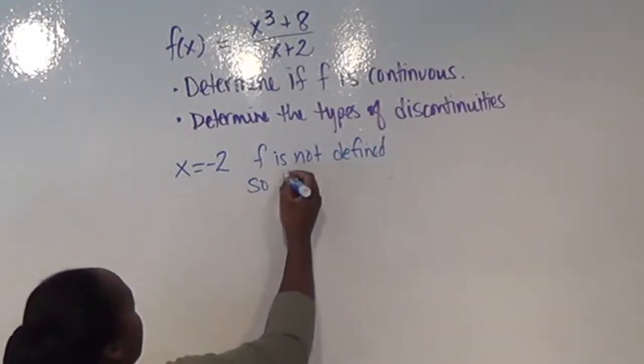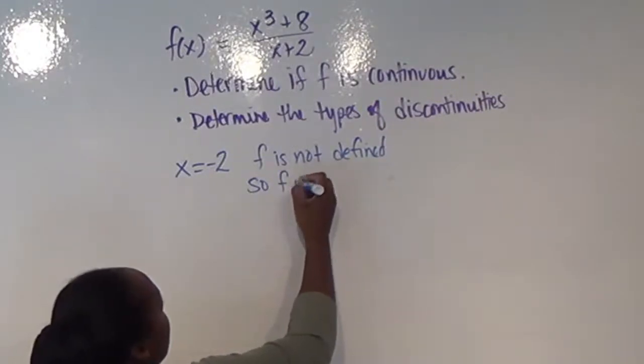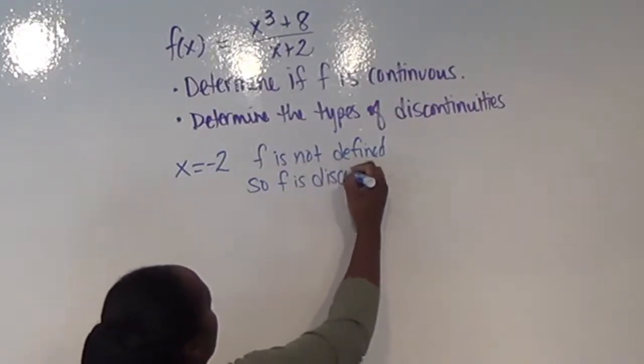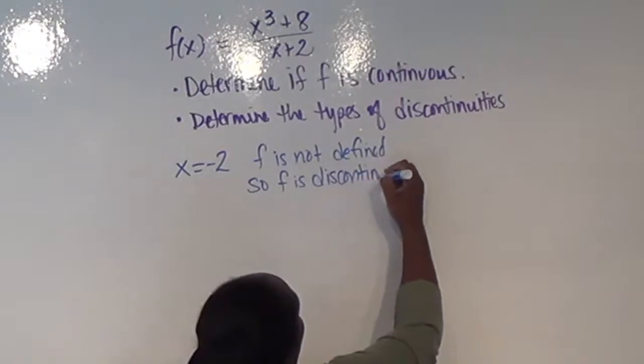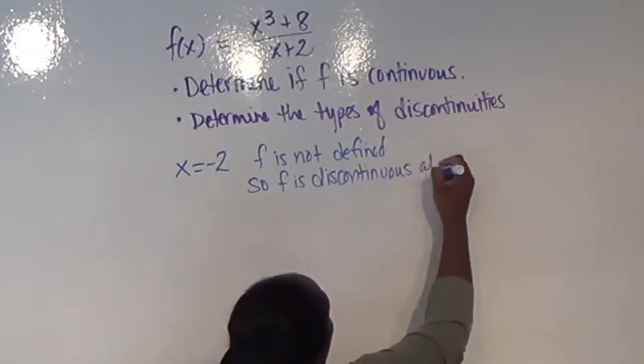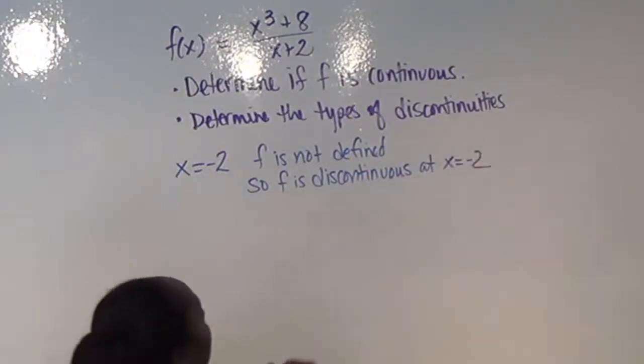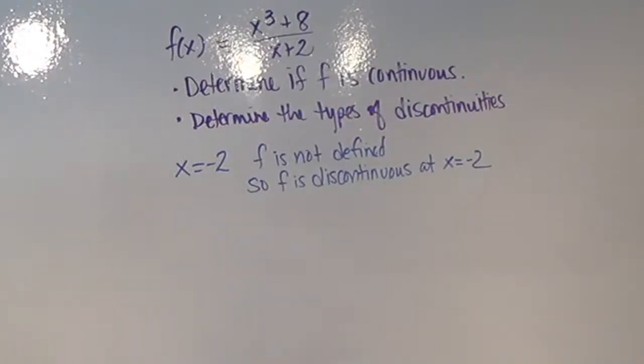So at x equals negative 2, f is discontinuous. Everywhere else, if we plug in, both the numerator and denominator are going to be defined.